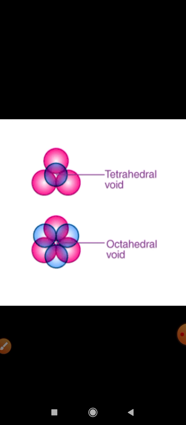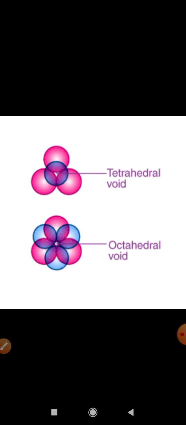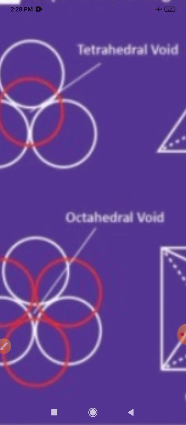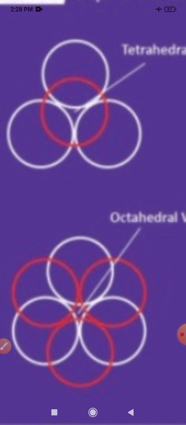You can see the arrangement of how tetrahedral voids and octahedral voids are formed by the arrangement of spheres. Here tetrahedral and octahedral voids are shown diagrammatically.